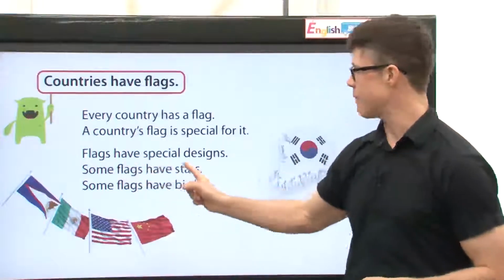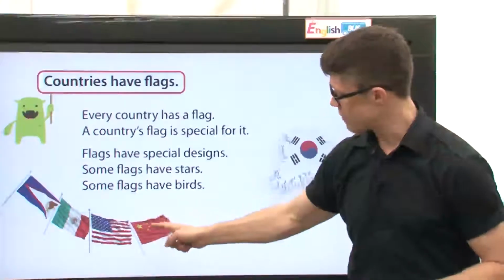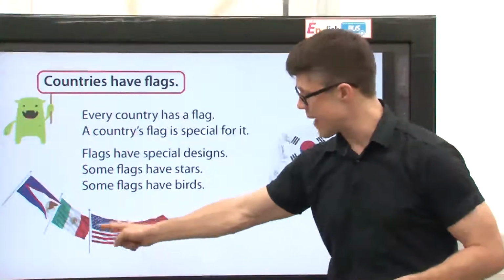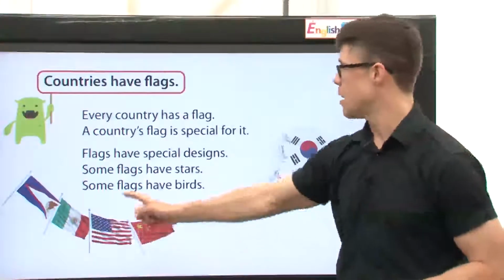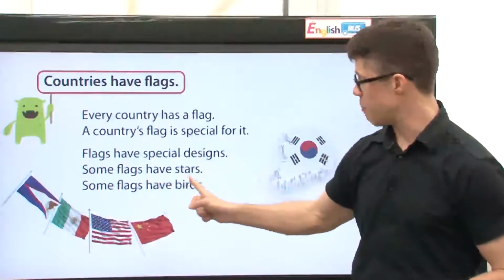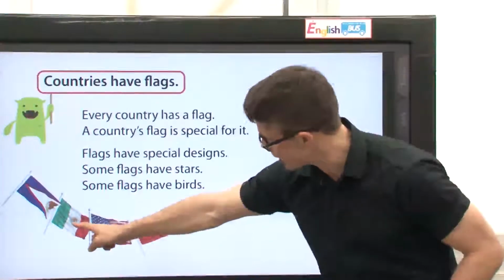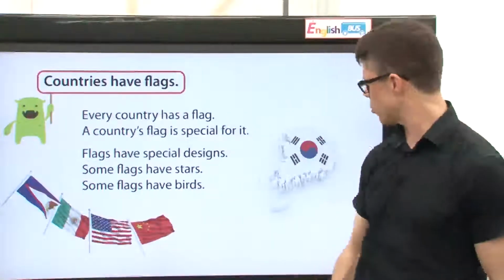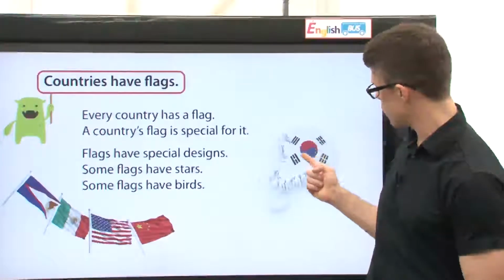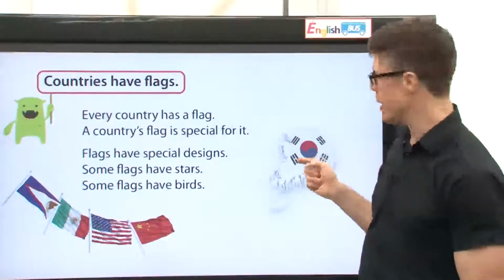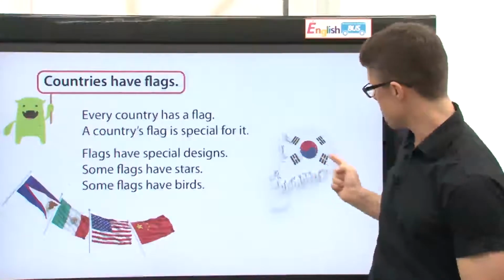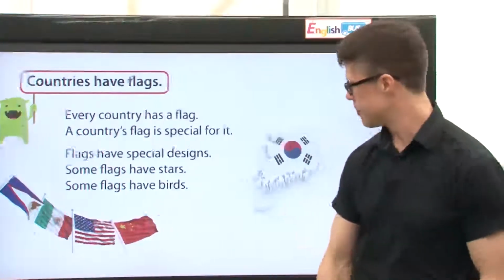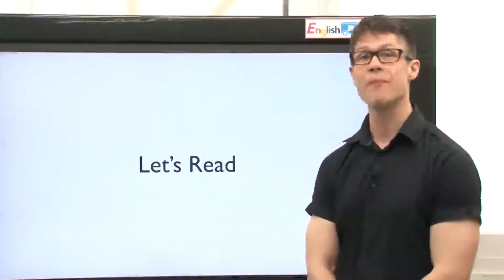Some flags have stars. See, China's flag and the USA flag have stars. Some flags have birds. This country's flag has a bird. Korea's flag has a circle called the taeguki, and it has some lines.